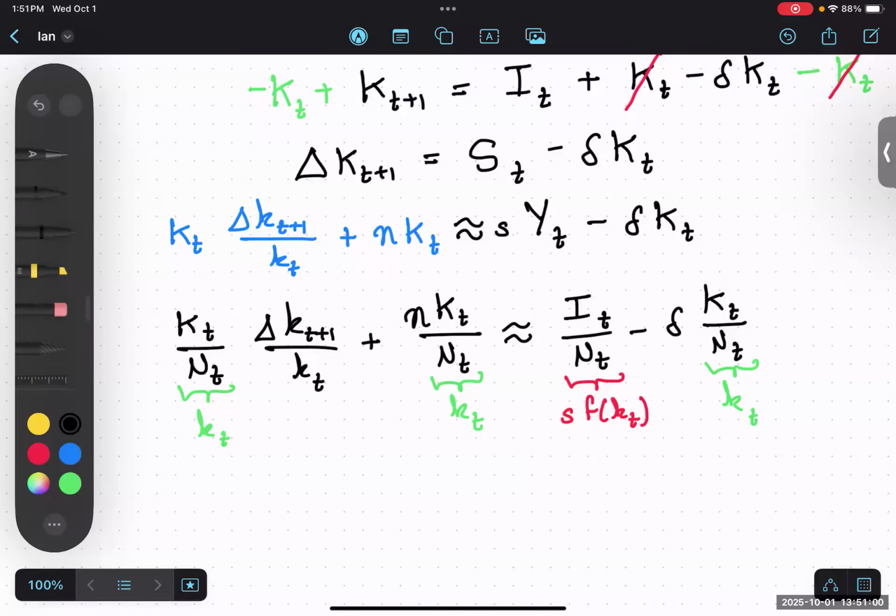But obviously, what you know is that GDP is determined by the production function, which means that a further simplification of savings should be something like savings rate times the production function.